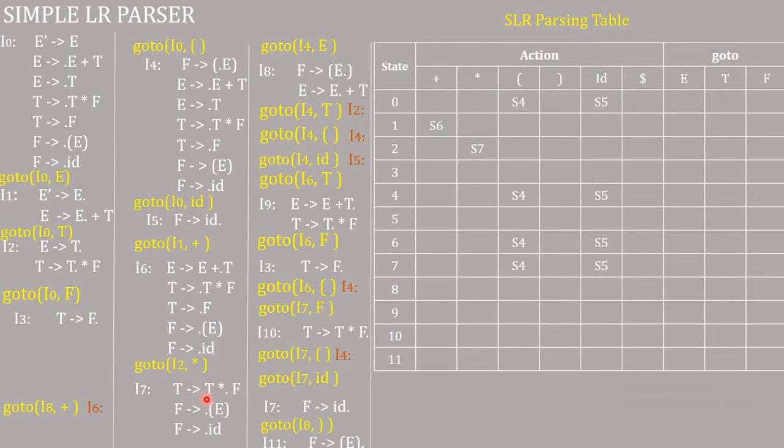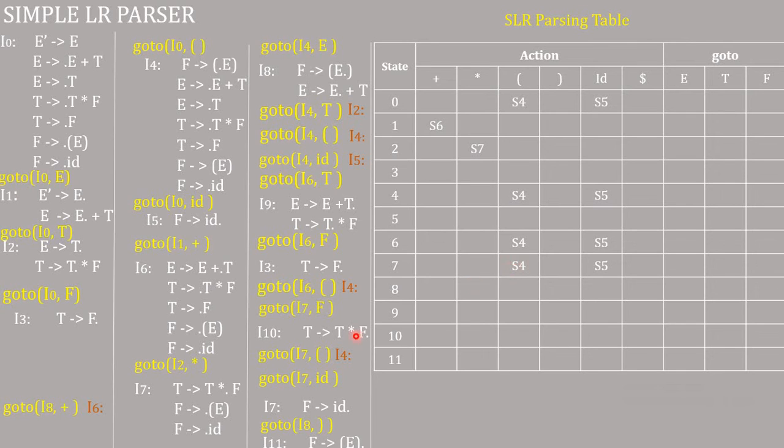Right. Similarly for the 7th state also, here it is dot followed by a non-terminal, so you cannot apply the shift operation. Here dot followed by open bracket. So state 7, open bracket column, shift operation. It is S4 for the same reason, because go to of I7 comma open bracket is I4.